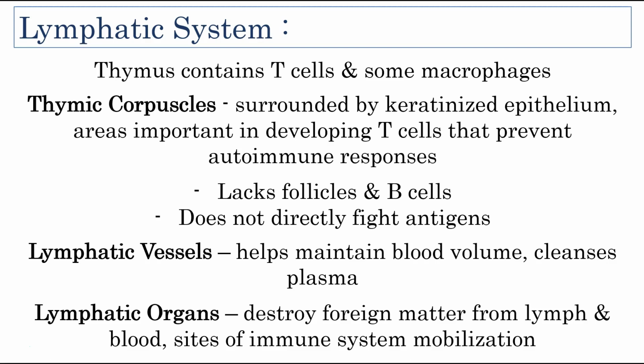Something about T cell development wants that more soft, neutral environment. There's a lot more diffusion that can happen, so a lot of those nutrients that are needed for T cell development can pass through. The thymus doesn't contain any B cells at all, so it is not developing any antibodies.